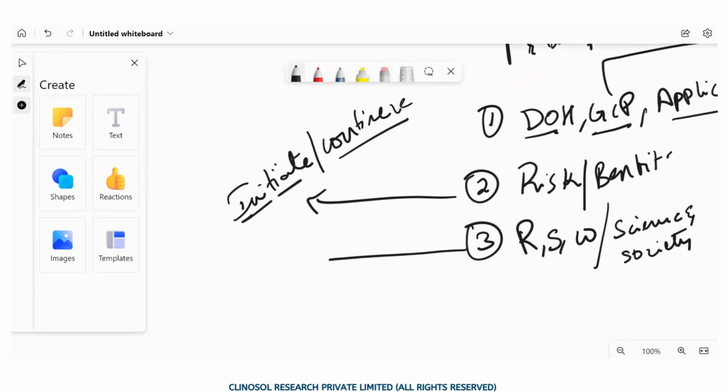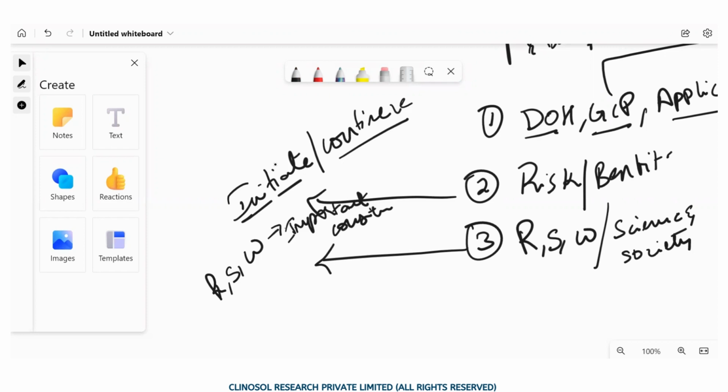The rights, safety, and well-being of trial subjects are the most important considerations when compared with science and society. You want to do research, yes, you can, but not at the cost of the rights, safety, and well-being of trial subjects. You may want to become famous, but not at the cost of putting the health or the rights, safety, and well-being of trial subjects at risk.